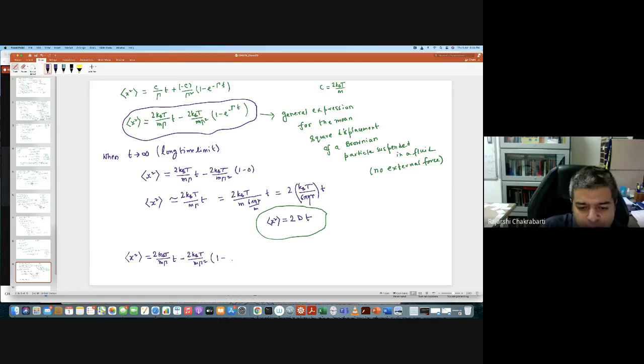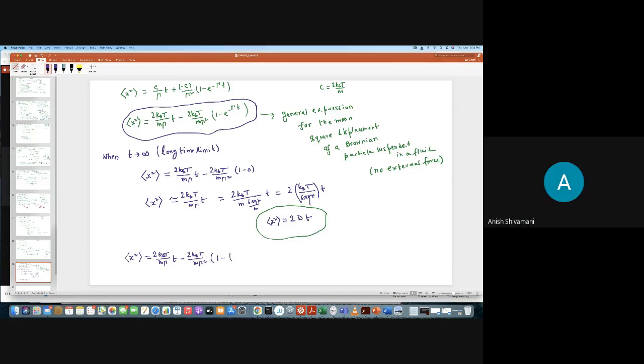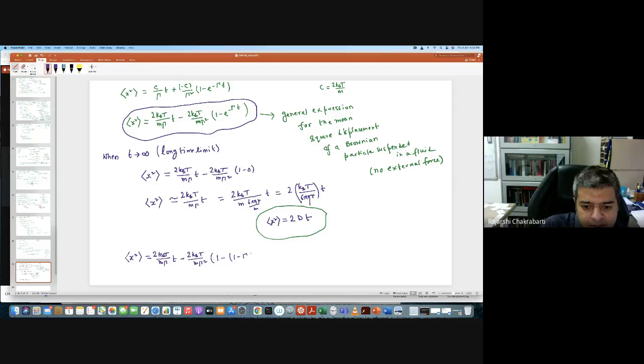If I expand this exponential, what I'm going to get is 1 minus gamma t plus gamma square t square by 2 factorial, like this, isn't it?